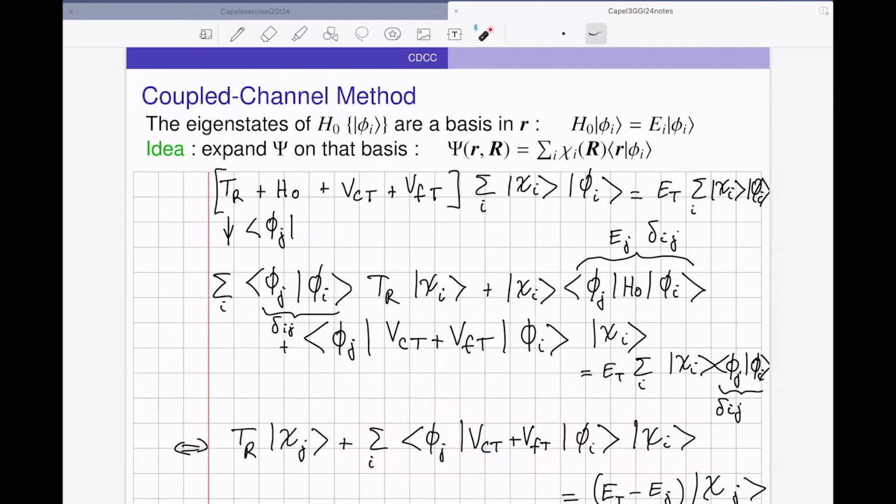So you induce this tidal force, and that's exactly what I said. So this is a quantum mechanical way to demonstrate that the tidal force induces this coupling between the different channels.